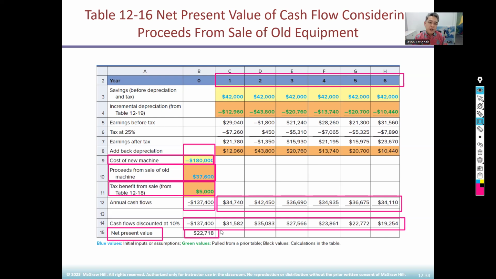Always take a look at all three. By priority, I would say net present value is something that you would want to see positive. The highest one will be a good investment. The IRR should be high enough that it's actually above your WACC, your weighted average cost of capital, or your hurdle rate, or your discount rate.